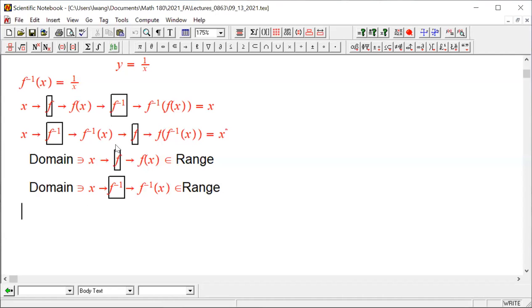For example, I'm given the number 2 to f. Now we have f, this function equals 1 over x. And its inverse is the same, right? We just did it. The inverse is also 1 over x.